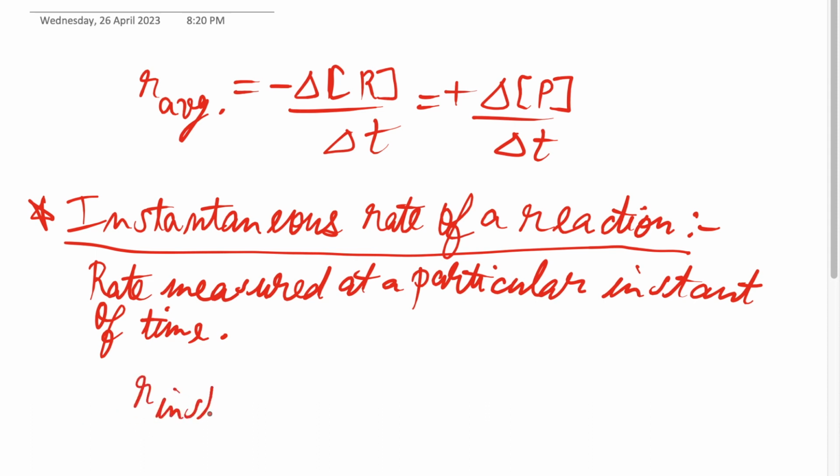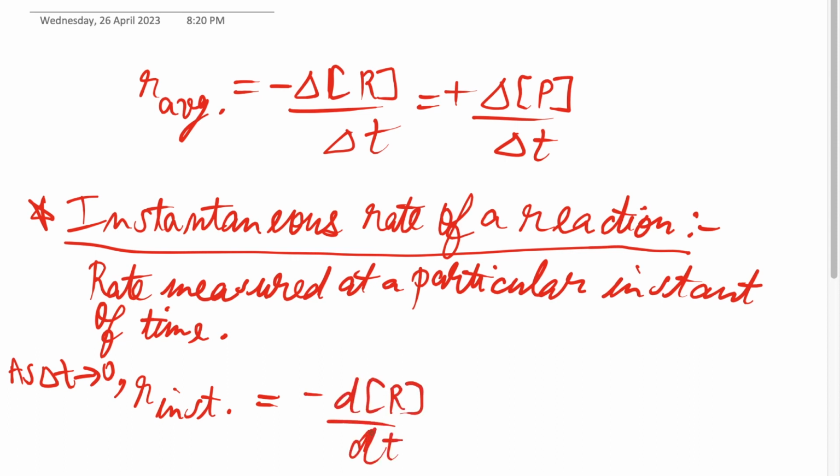At time t, as delta t tends to 0, the instantaneous rate is given by minus dR by dt, and it's also given by plus dP by dt.